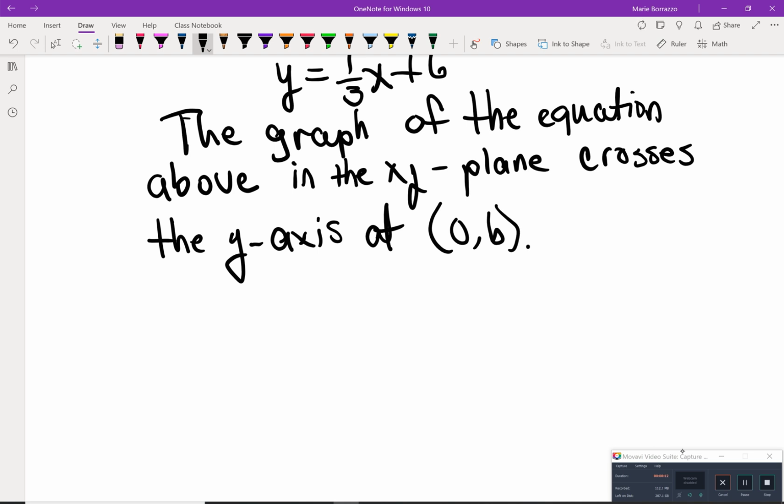What is the value of b? This is a good question.